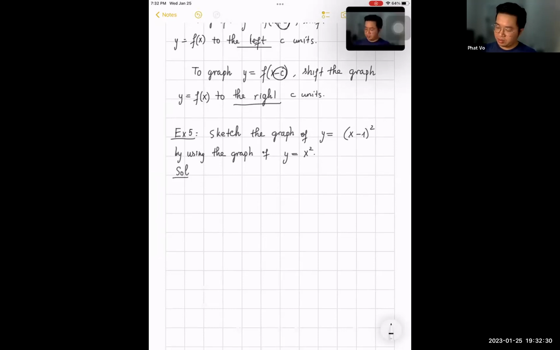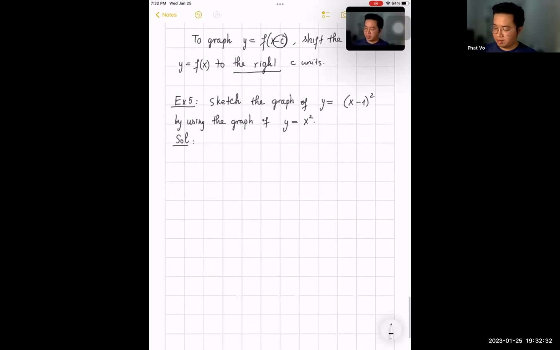First things first, you need to get the graph of y equal to x squared. I think this is a very basic function, and all of you can do it, right? So I will write it down now. It's y equal to x squared.